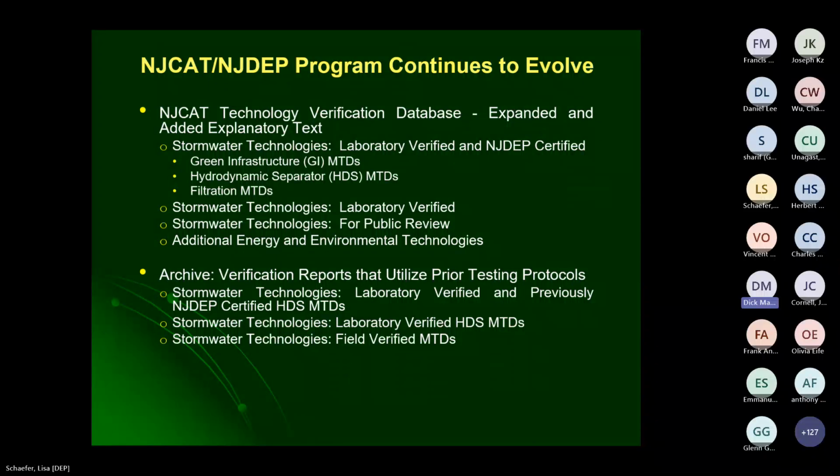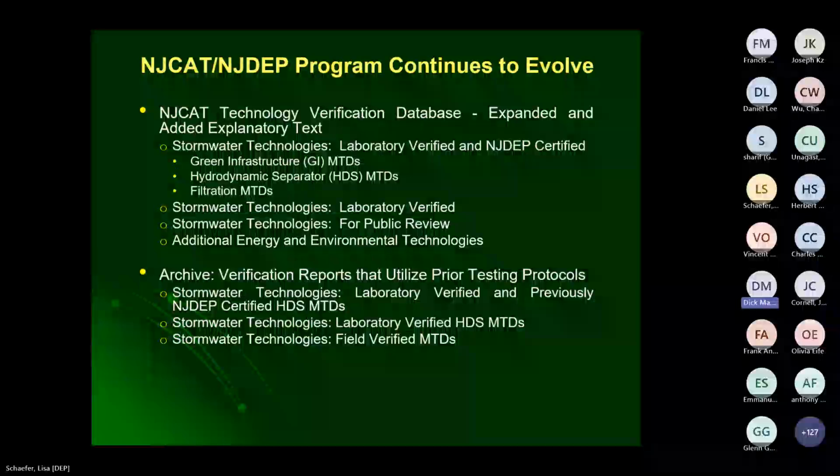Sometimes things get by even NJCAT, and it's generally wording. Manufacturers try to make claims that really aren't part of the verification process. We think we're pretty good at screening them out, but not always. And then there's the additional energy environmental technologies that I talked about before.